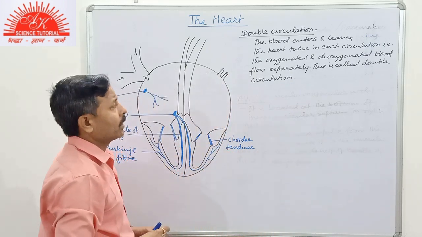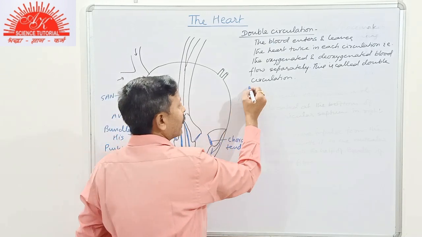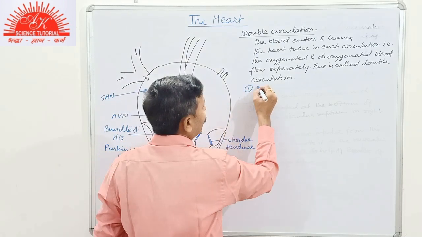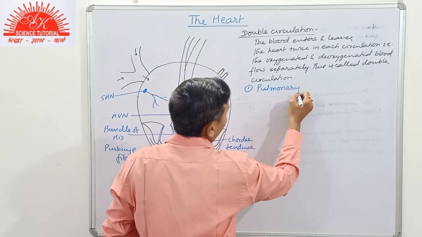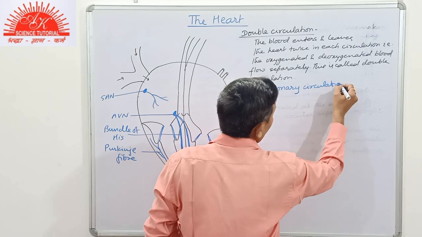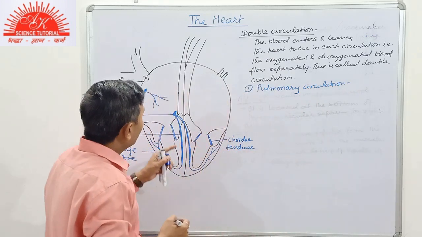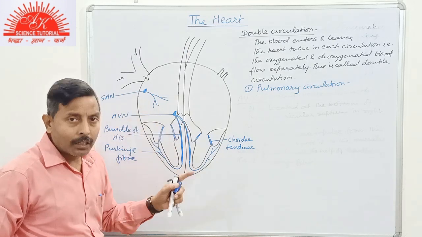Now student, you see that double circulation is studied in two parts. The first is pulmonary circulation. That is, pulmonary circulation is in between the heart and the lungs.